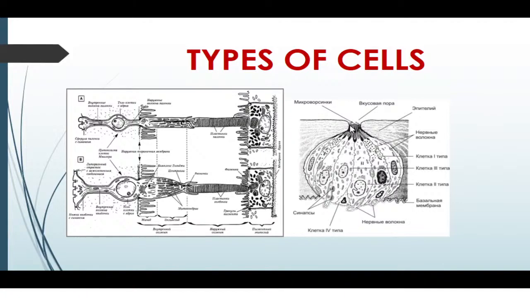The epithelial sensory cells have special microvilli at the taste bud pore, which is ordinarily closed by a special glycoprotein layer. The epithelial cells are joined with a sensory nerve ending, and this sensory nerve ending is joined with special ganglions.